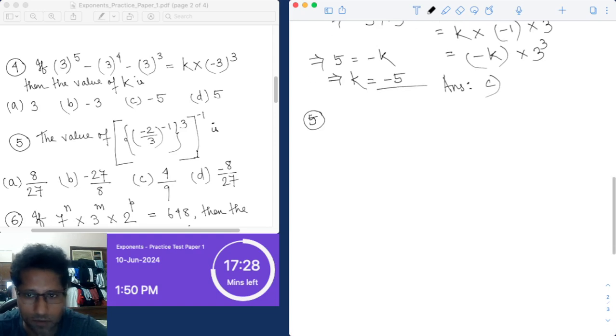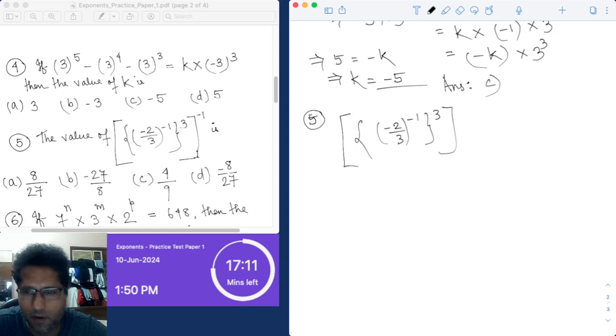Okay. So 5, it's a kind of simplification problem. The value of ((-2/3)^(-1))^3 raised again to the power -1 is nothing but, we know, (-2/3)^(-1 multiplied by 3 multiplied by -1).